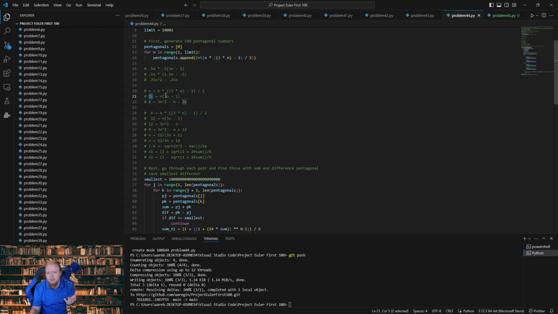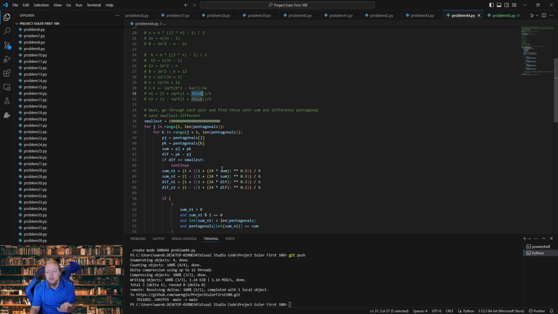We do some basic algebra here, break it down, and we come into this, which we can solve using the quadratic formula. And I've got it down here all set up, and I used the word sum here because that's the variable I was working with on this problem, but we don't quite have to do that.